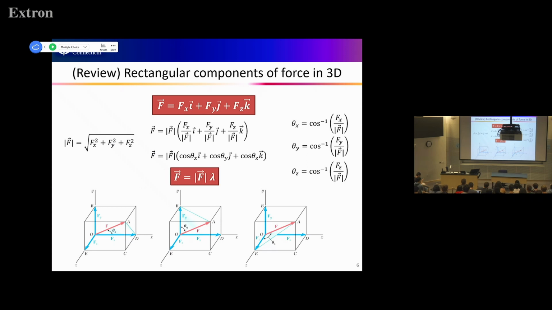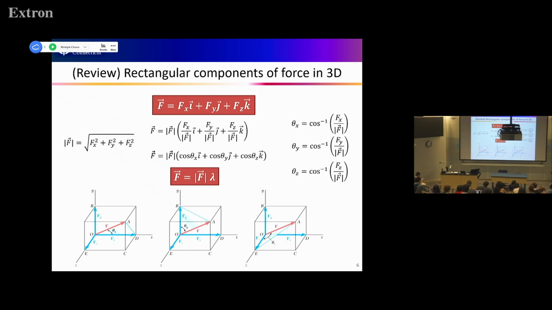Okay, then let's move on to 3D, and this is the review slide. We talked about this last week, right? In 3D, we have 3 directions. If this is the force, we have magnitudes in the X, Y, Z directions, Fx, Fy, and Fz, and we indicate the directions using the unit vectors i, j, k.